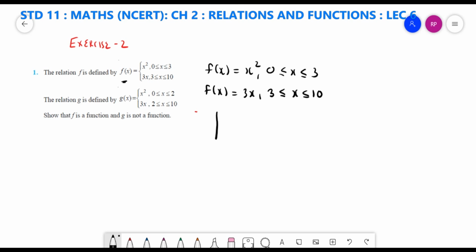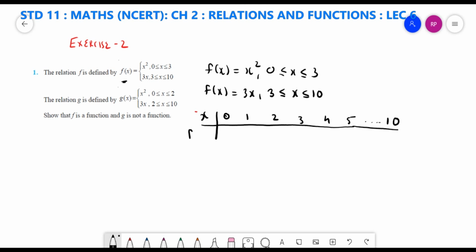So if I take the values 0, 1, 2, 3, 4, 5 and up to 10. It's not that I can only take these values, I can also take the value 0.5, because x is greater than or equal to 0 and less than or equal to 3, so I can also take the decimal values.